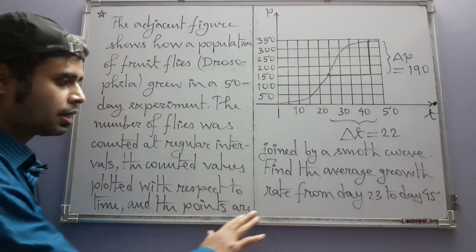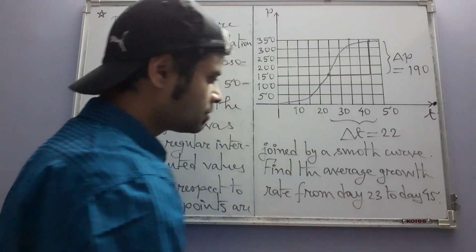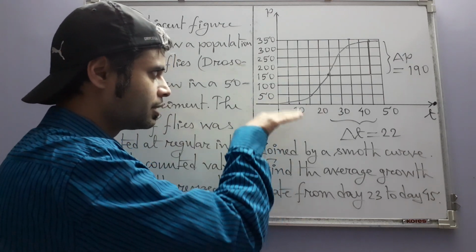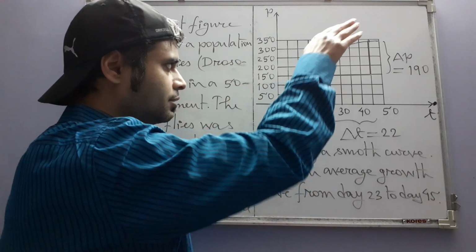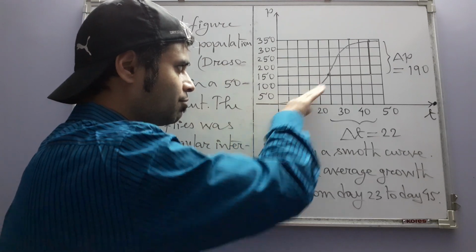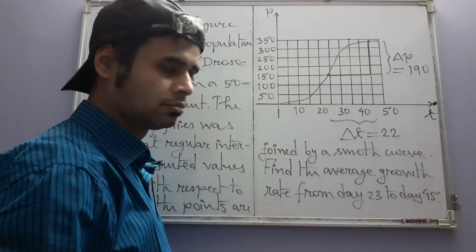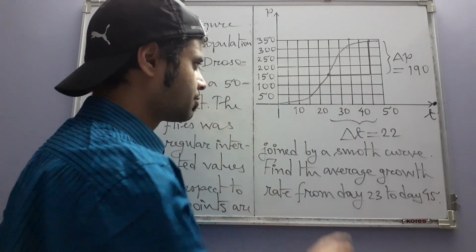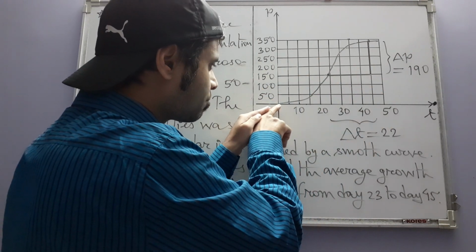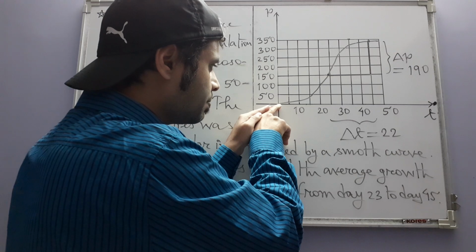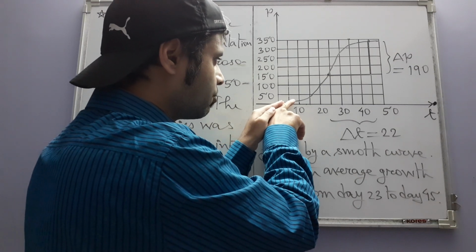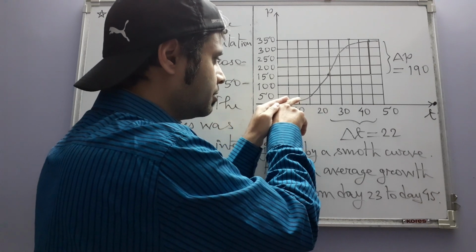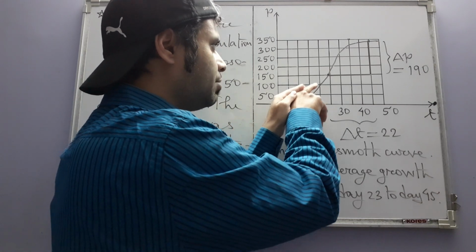Anyway, now here we have to see the average rate at which the population is increasing. It's of course increasing, but differently at different instants or in different intervals of time. For example, when the population started increasing, it increased slowly, at a slow rate, but then suddenly it picked up.